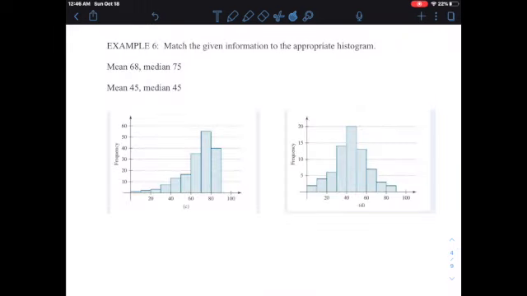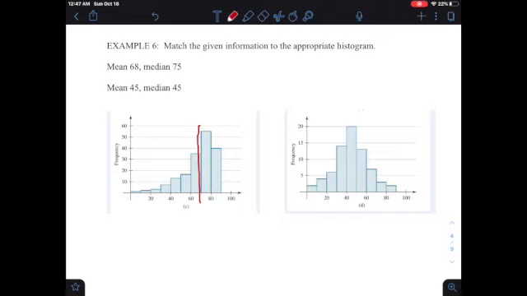Example 6, match the given information to the appropriate histogram. We kind of talked about this in the situation before. So let's just recap that, because I think that's probably one of the toughest ones to figure out. Hopefully it's not so difficult reviewing it again. So now we are talking about the mean. Don't forget the mean is the average, which is about 68, which is right here.